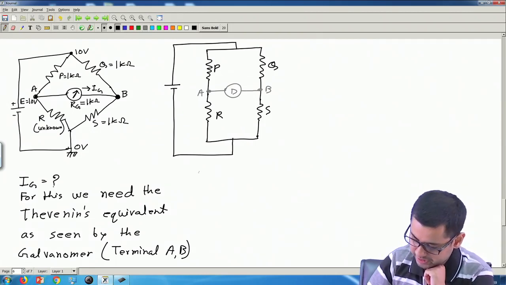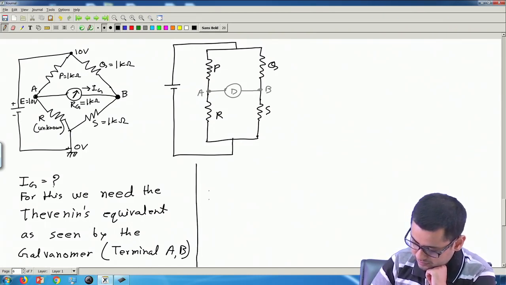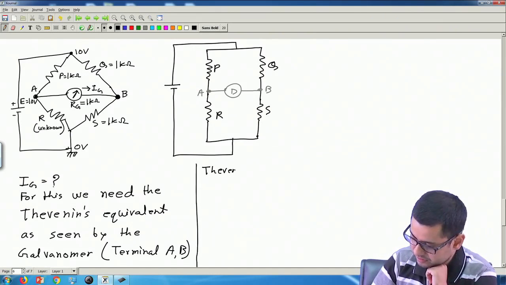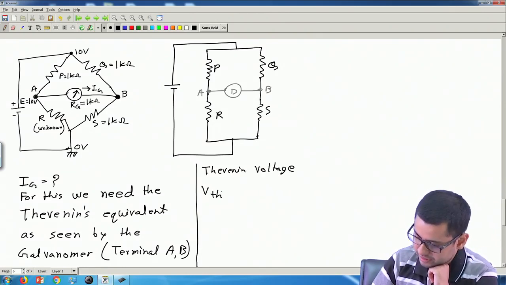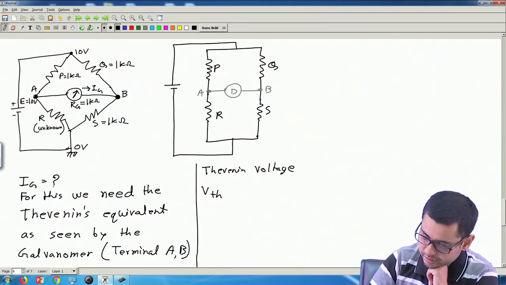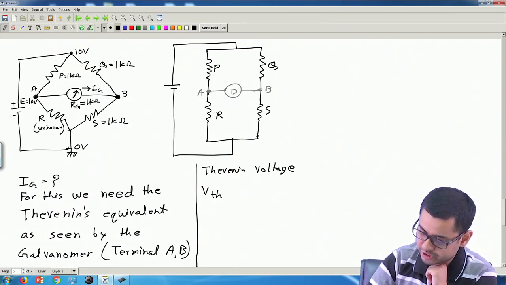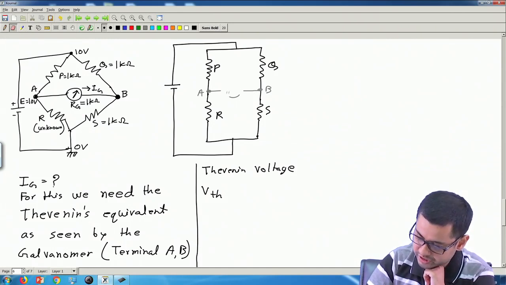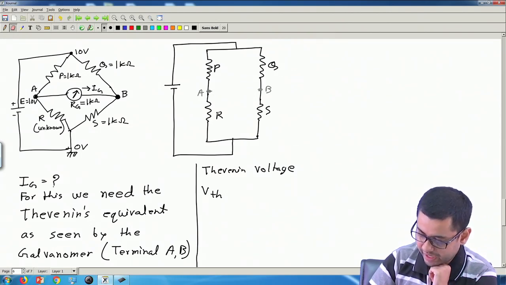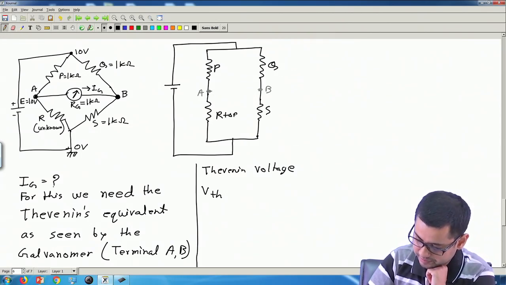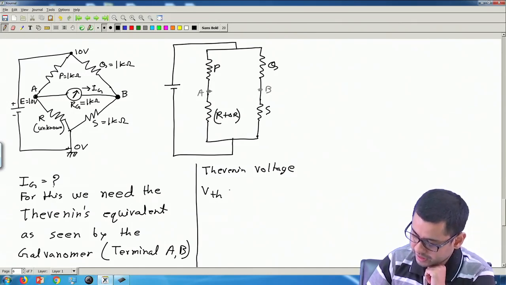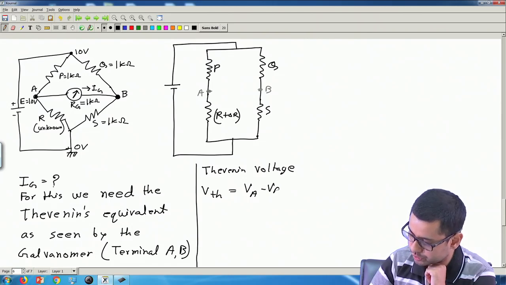Now, Thevenin voltage VTH will be nothing but the open circuit potential difference between A and B. So, if I remove this, then the potential difference between these 2, and here R has become R plus delta R. Okay. So, this is nothing but VA minus VB as we have computed before.